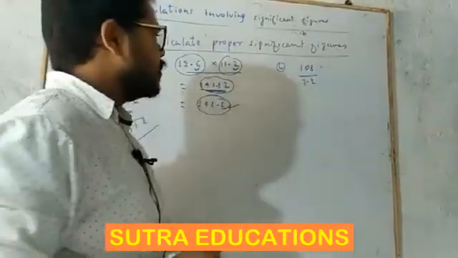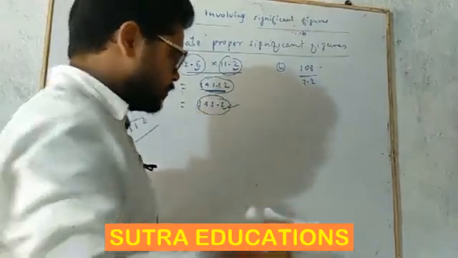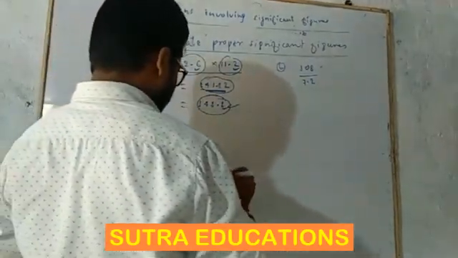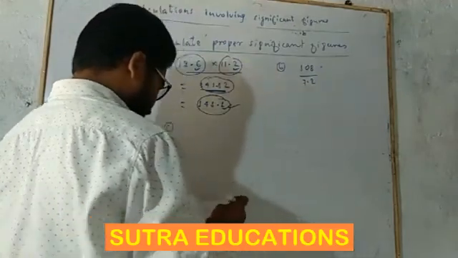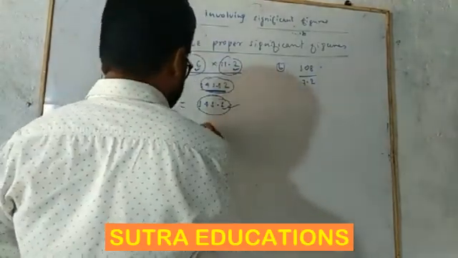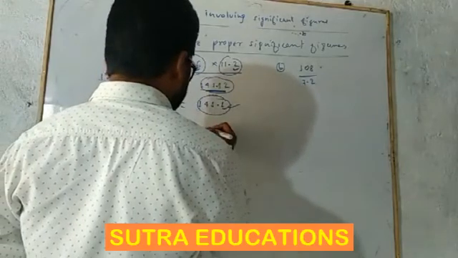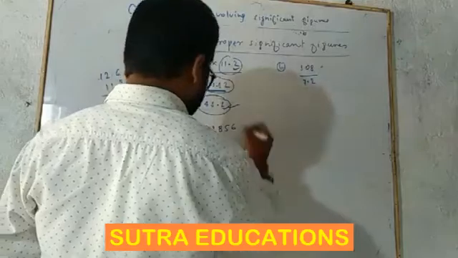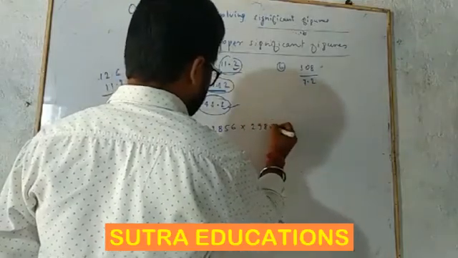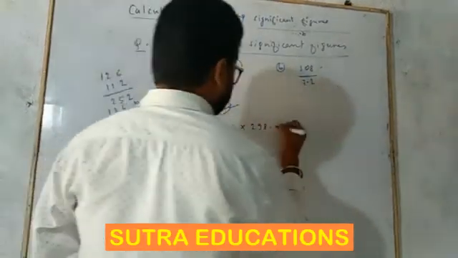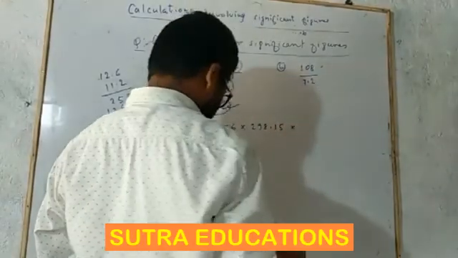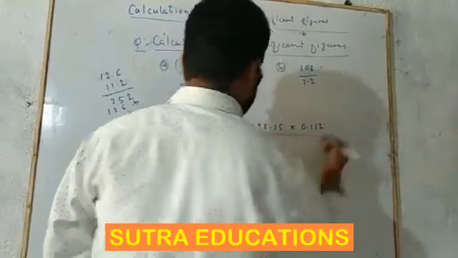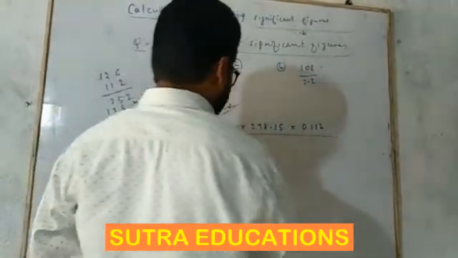Now the next question is 0.0856 into 298.15 into 0.112 divided by 0.5785.